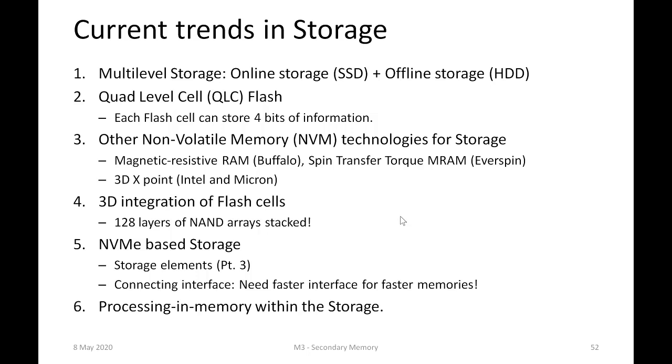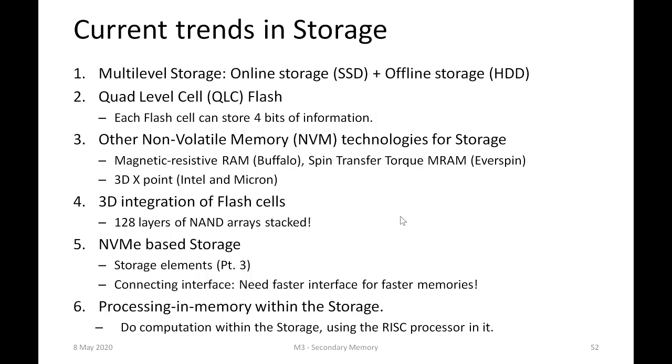The last point is quite interesting, and it no longer follows the von Neumann architecture where we have a separate storage space and a separate compute space. Here the computation and storage happen to be almost at the same place. It's called processing in memory, wherein we are able to do some computation within the storage.